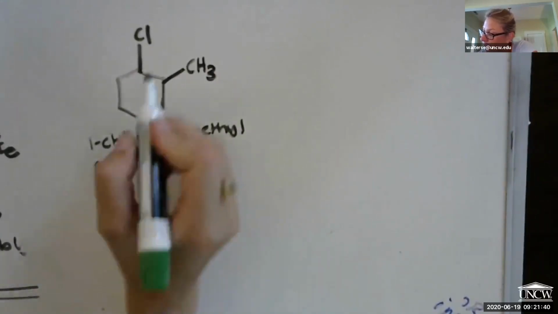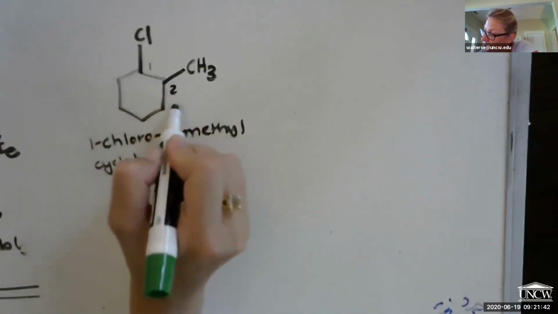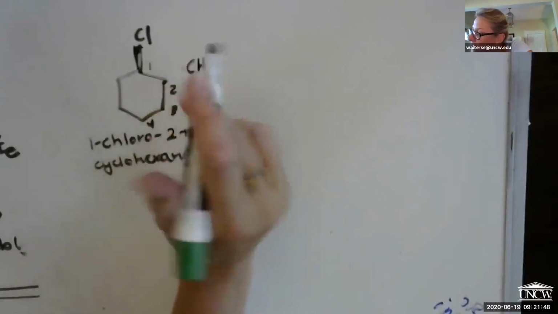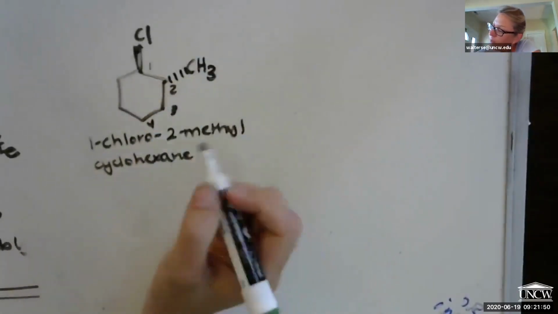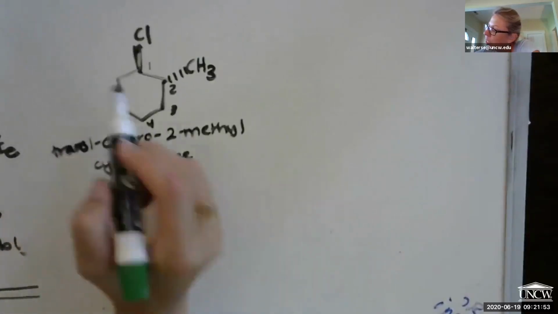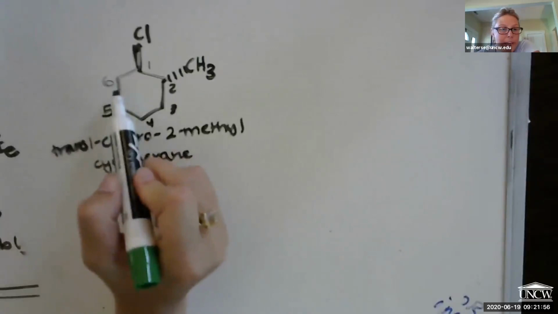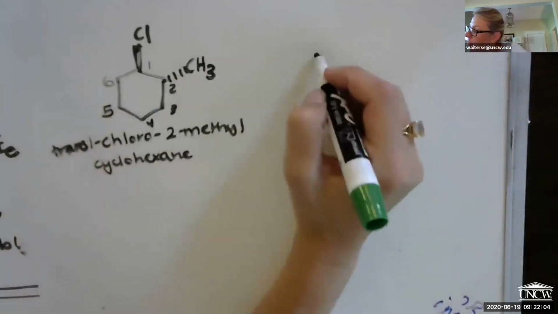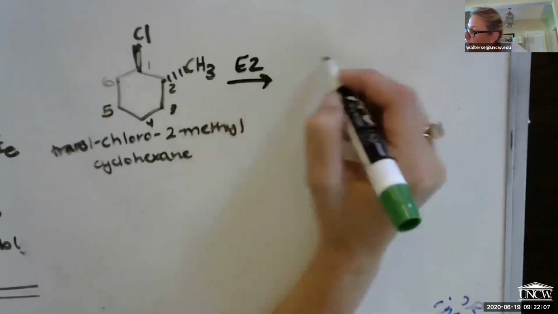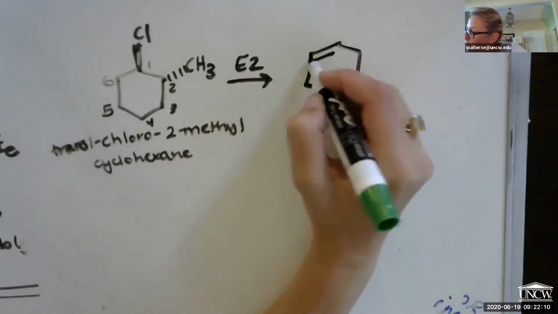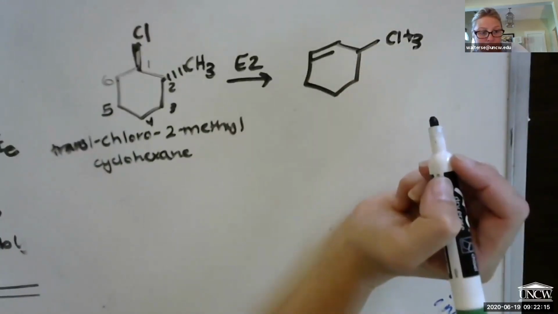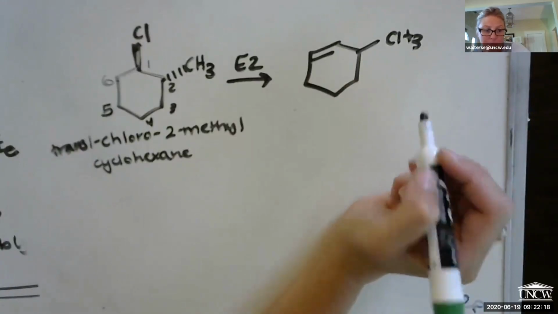And the way I drew it in the ring, these had to be trans to one another for this to work. And the only beta carbon that had an anti-periplanar hydrogen was carbon 6. So when we did the E2 elimination, the pi bond ended up here, and then the methyl group would be here. Okay, all right.